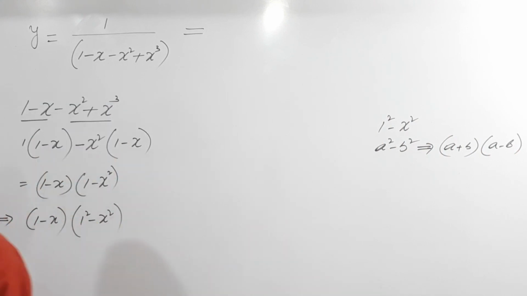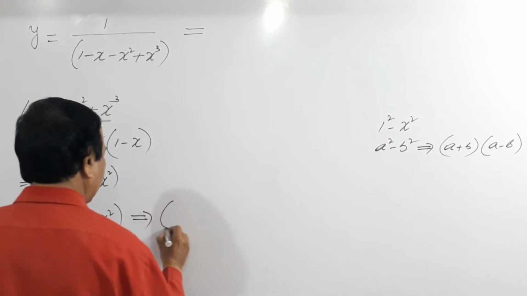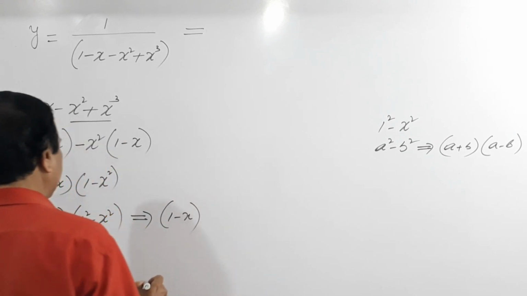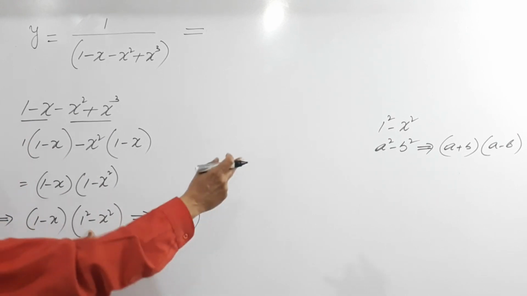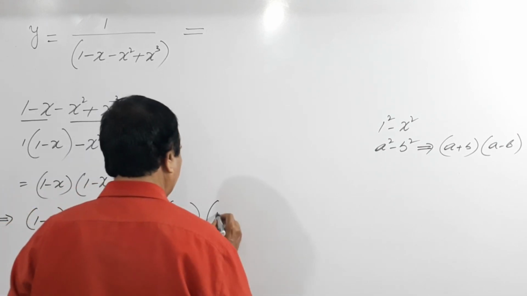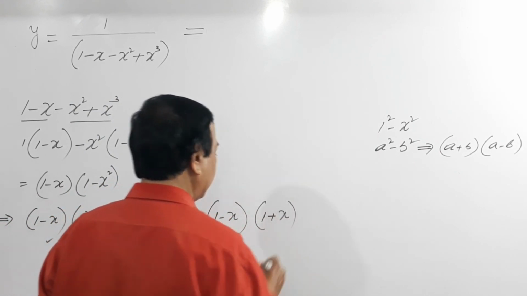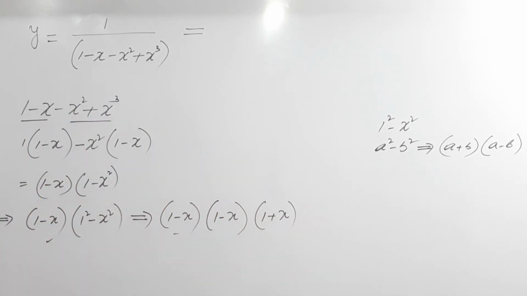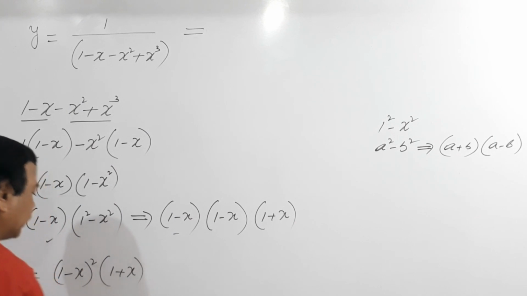So this can be written as what? So this is 1 minus x, 1 minus x. For this, I write that is nothing but 1 minus x into 1 plus x. Can I write like this? So this is further equals to what? 1 minus x, 1 minus x. Can I write like this? 1 minus x the whole square into 1 plus x.